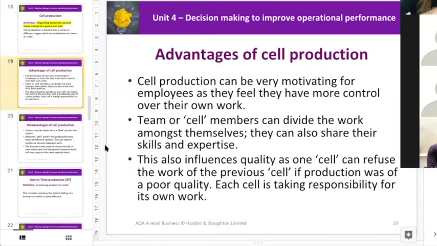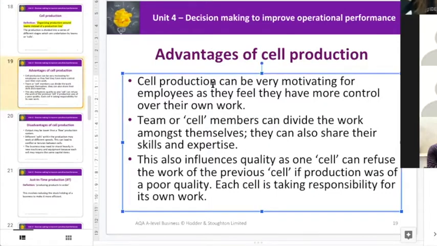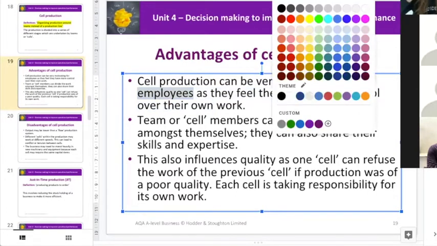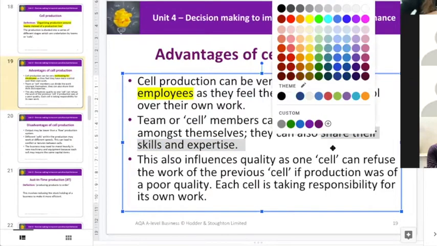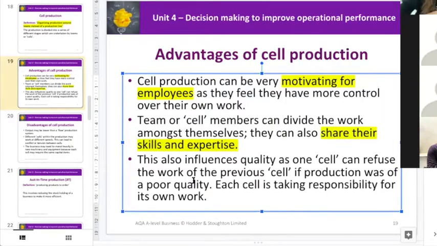For this part, I'm going to quickly highlight a few words, the benefits of using cells. Motivating employees. Also, they share their skills and expertise in the cell. Each cell is taking responsibility in the production.